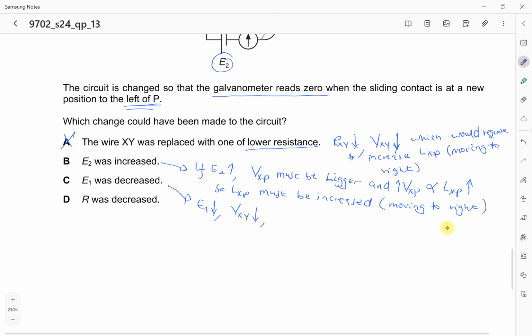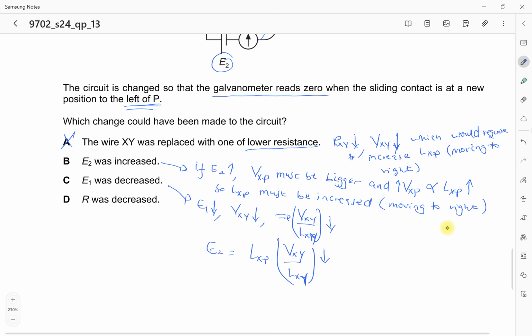Remember, the EMF E2 must remain constant. So it means the quantity Vxy divided by Lxy, this quantity in the equation which I wrote above, has decreased. And remember, E2 is equal to the length XP times Vxy over Lxy, where Lxy is the length of the whole wire.